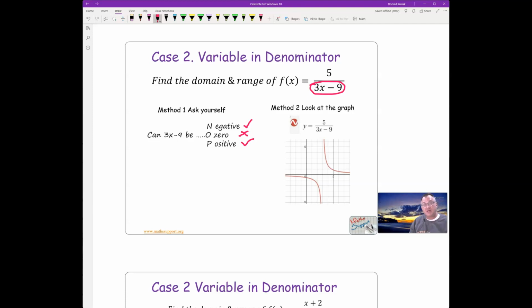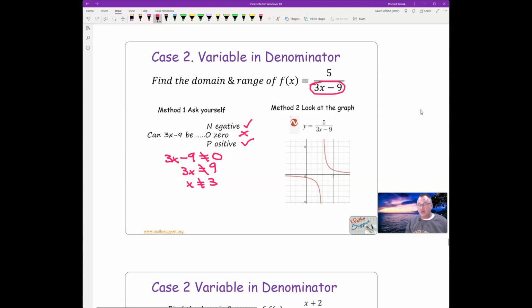So this tells me how to set up the equation to figure out what the domain is. I know that 3x minus 9 is not allowed to equal 0. So I solve that. Add 9 to both sides. Divide both sides by 3, and x cannot equal 3. All right, now how do you write that in interval notation?